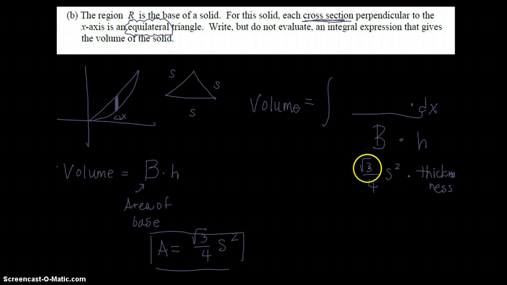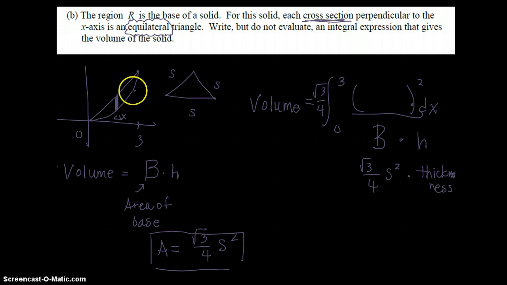So the area of the base is the root 3 over 4 side length squared. I'm going to go ahead and put the root 3 over 4 out in front because it's a constant and I can do that. I'm also going to realize that I'm going to begin and end at the same spot we did in the last problem. At 0 we begin and at 3 we end. Now we just need to have the side length squared.